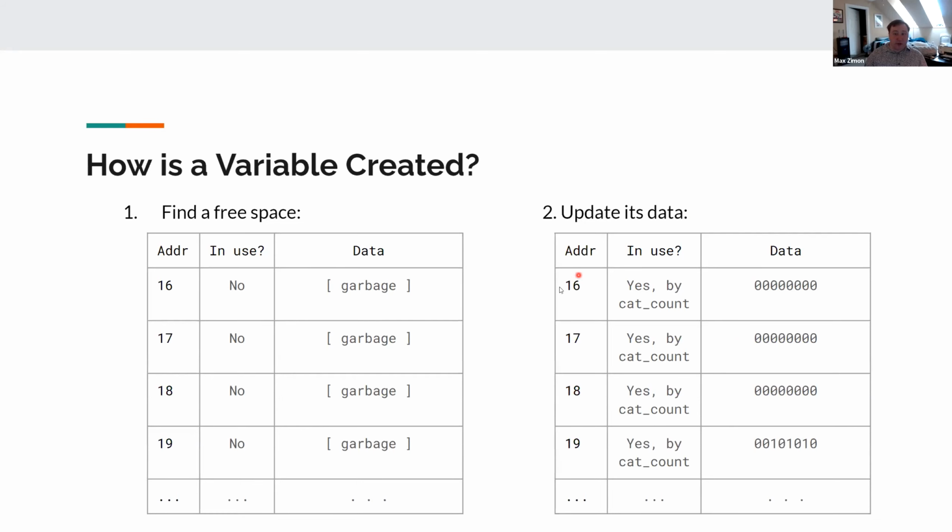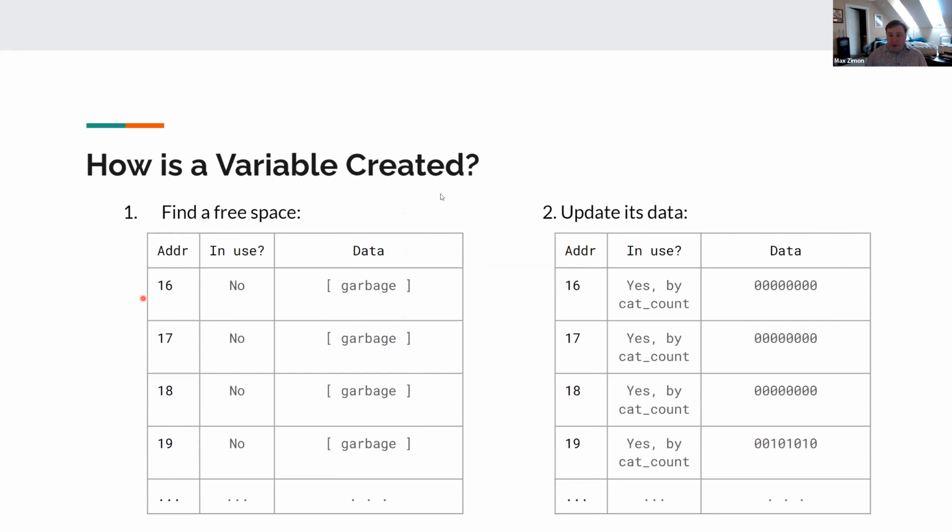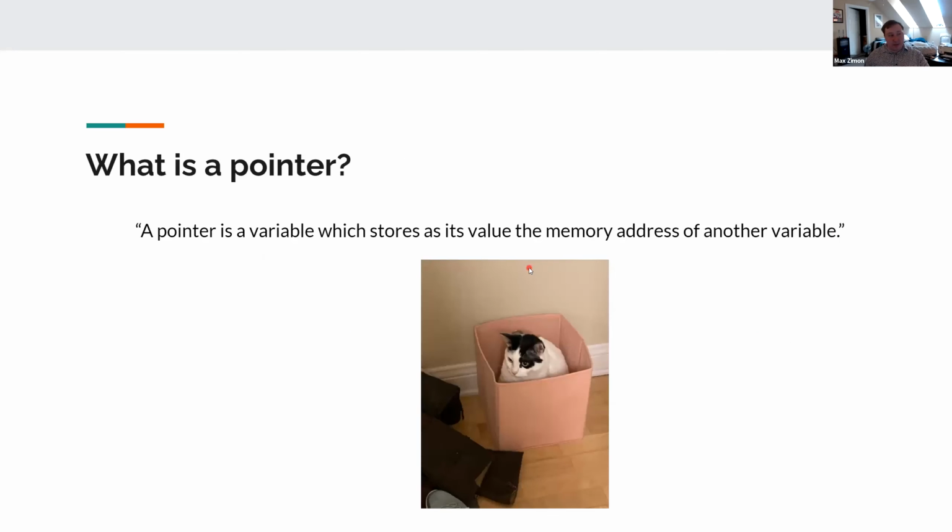But what if cat count stored the value 16, and we said that it was a reference to a memory address that had the number 16? What if we changed the meaning of that number so that it refers to an address in memory instead of just being a straight number? A pointer is a variable which stores as its value one of those addresses in memory.